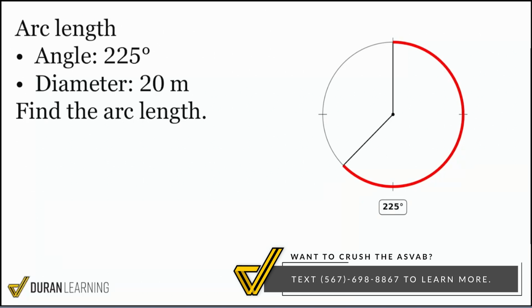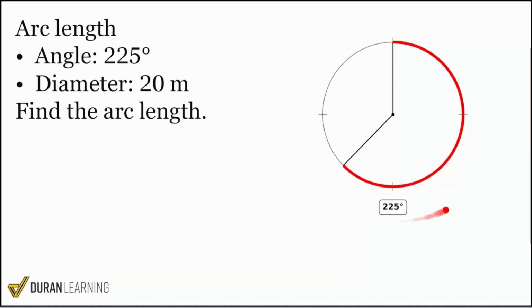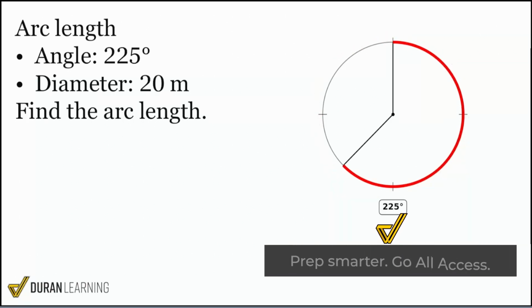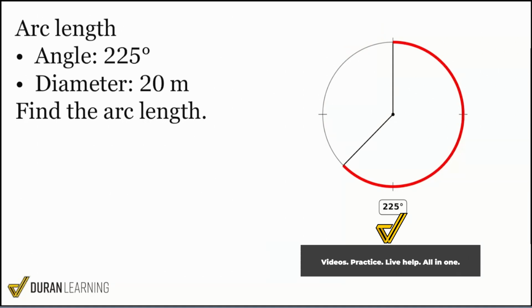Yeah, 225 degrees. So with that said, everybody, here's that circle. We are trying to find the arc length. So this red highlighted edge, we're trying to find that distance. Quick question, everybody. What would it be if I'm trying to find the entire distance? Not just this red, but if I wanted to complete the circle. What's that word that I would be looking for? Yeah, circumference.